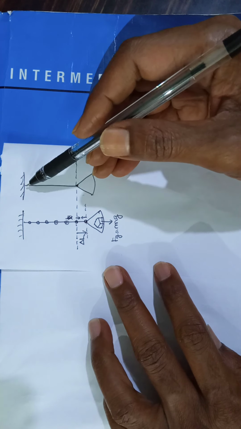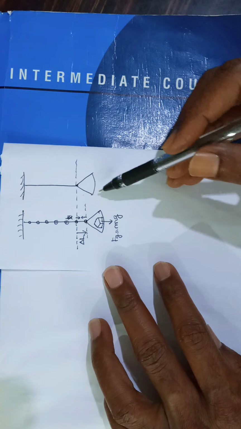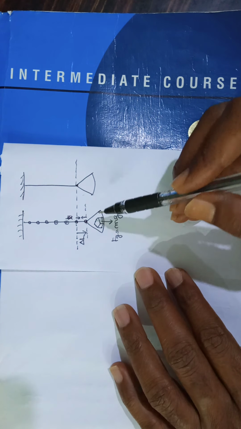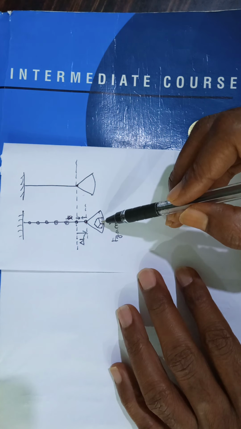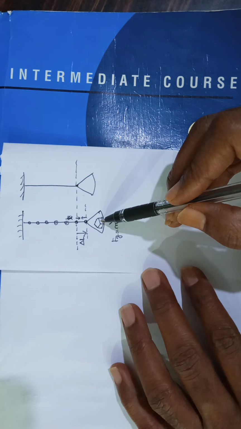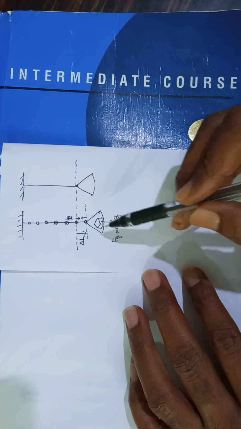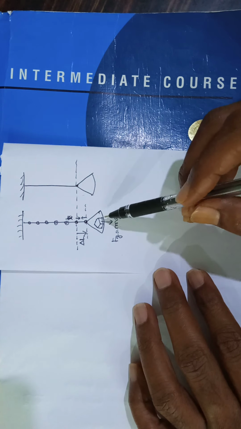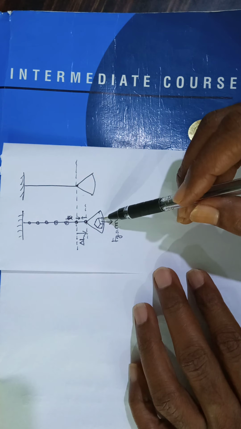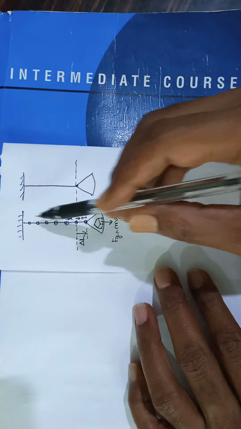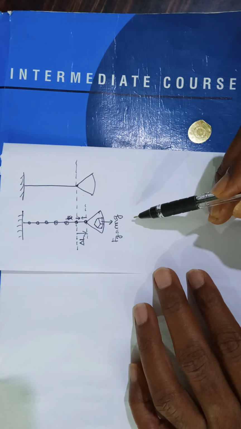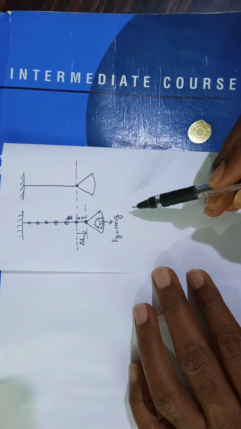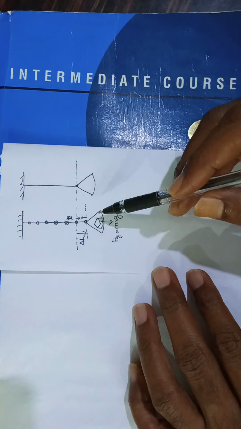See, this is a metal wire and this is an empty pan. When some weight is kept in the pan, some gravitational force is produced, and this gravitational force is pulling the wire downwards. Because of the pulling force, the length of the wire increased.